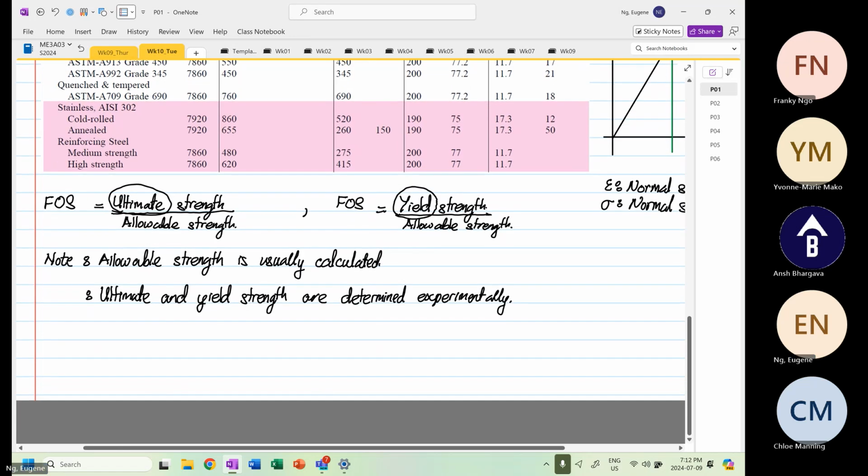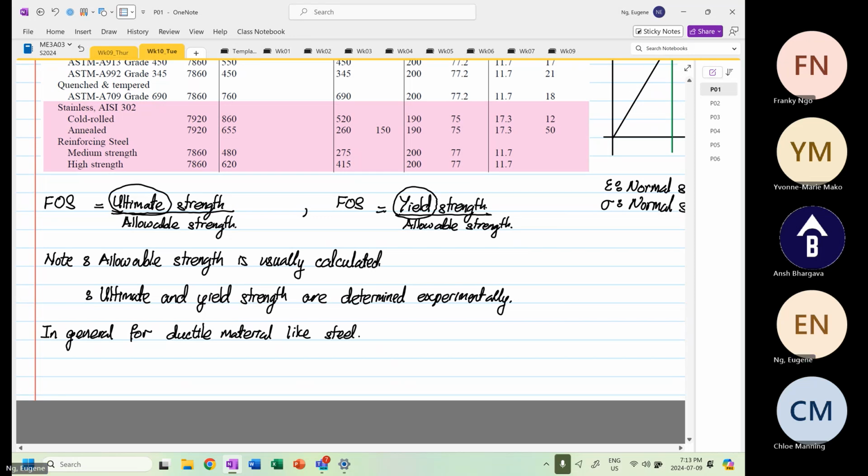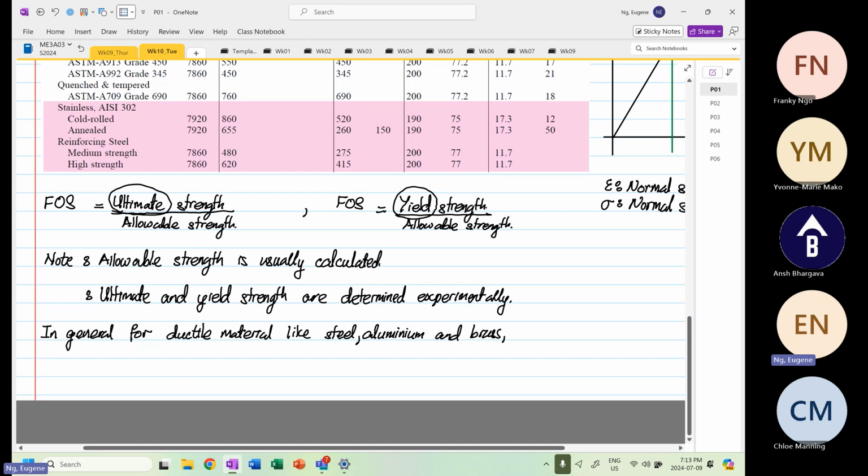In general, for ductile material like steel, aluminum, and brass, the factor of safety is calculated with the yield strength.